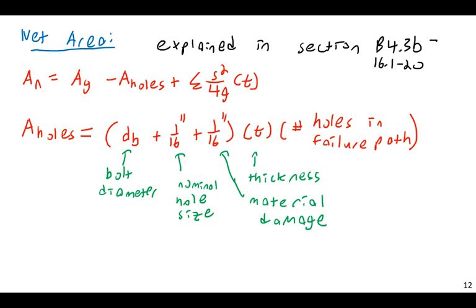There are different ways to design bolt holes, but a good standard rule, unless you are doing something specific, is to assume the bolt hole is drilled 1/16 inch larger than the actual bolt.